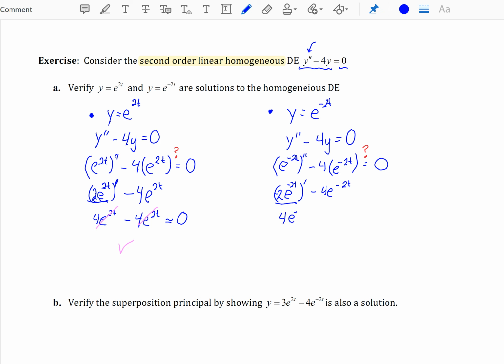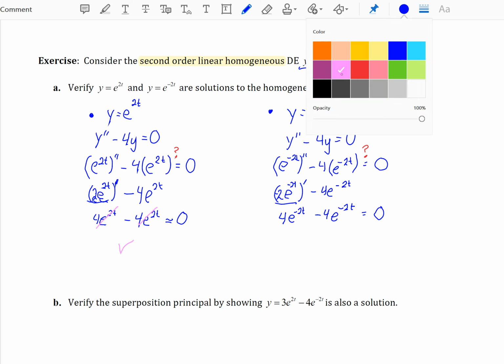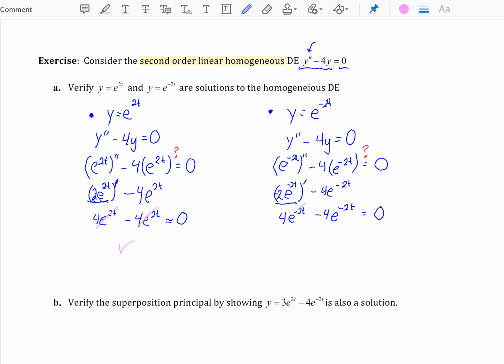So it'll be 4e to the negative 2t minus 4e to the negative 2t. Notice that this does equal 0, as each of our terms are the same but opposite in sign, so they'll cancel. That means this is a solution.